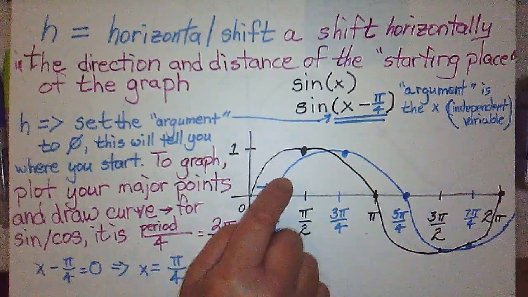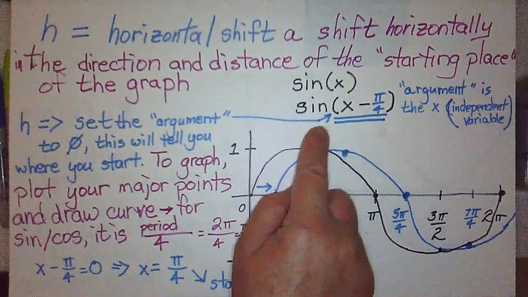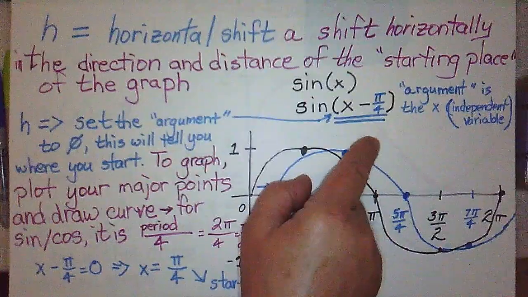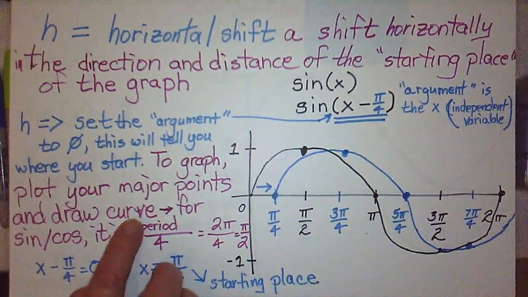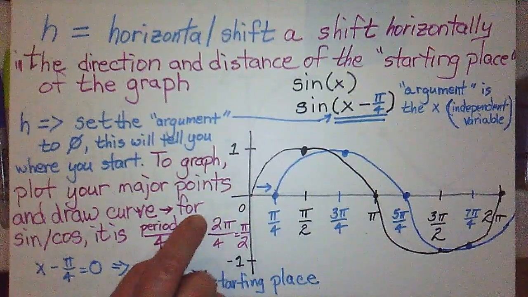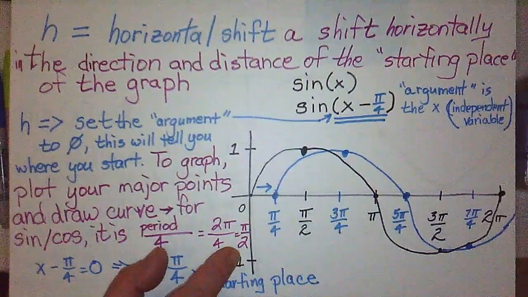So in the case of this graph that is shifted, but nothing else is happening to it, I will take the period 2 pi, divide it by 4, and I will get pi halves.